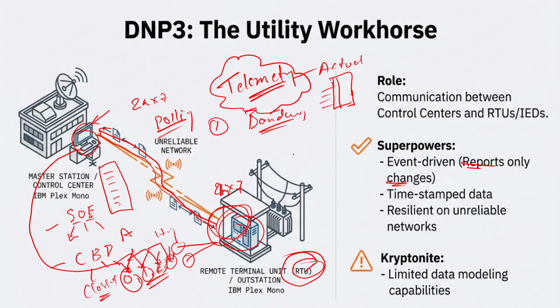And yes, these are widely used in the legacy grid. This is not implemented now, it has been replaced with better protocols, I can say, right? Coming to the limitations of this protocol, we cannot do much data modeling.